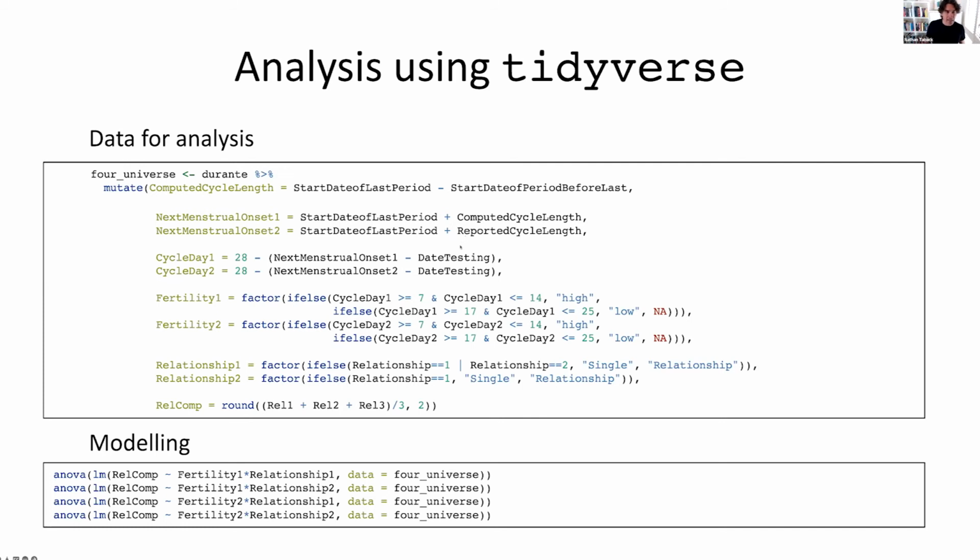And then the two different ways of computing where they are in their cycle, so cycle day 1 and cycle day 2. And then these would lead to two different ways to classify women into high and low fertility, so fertility 1 and fertility 2.